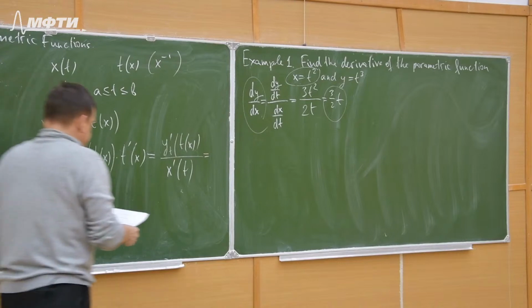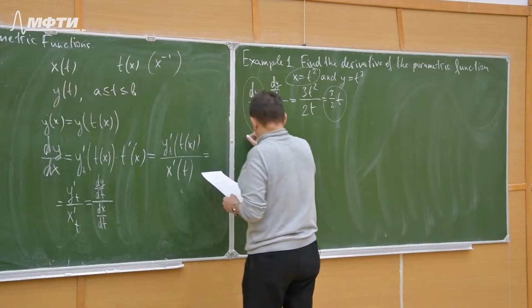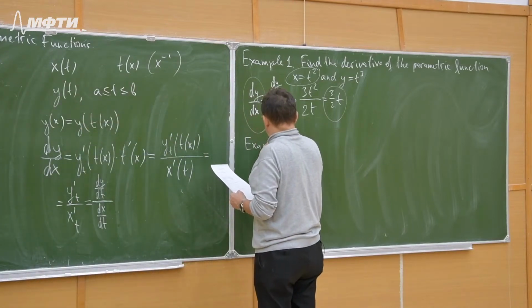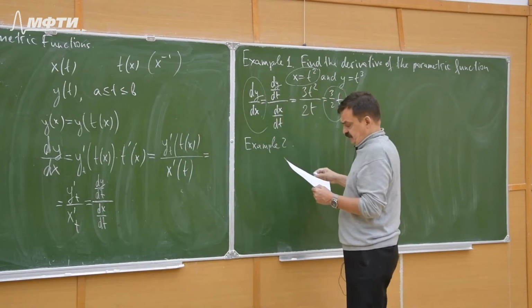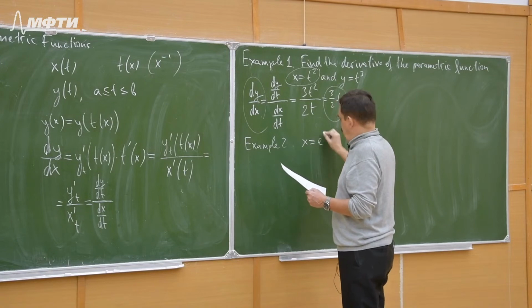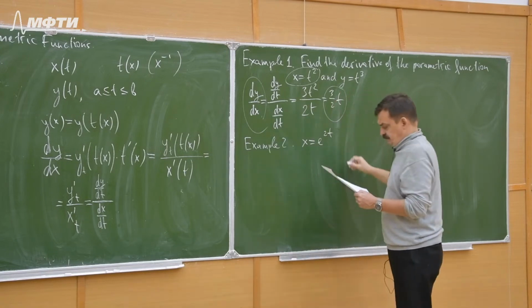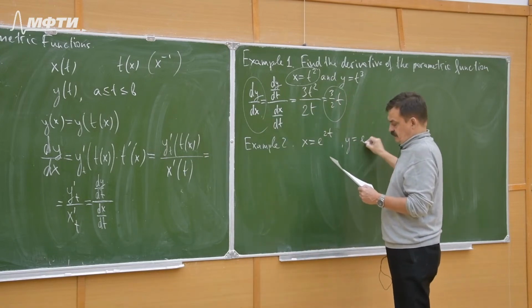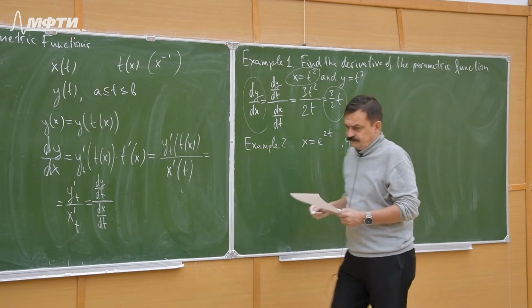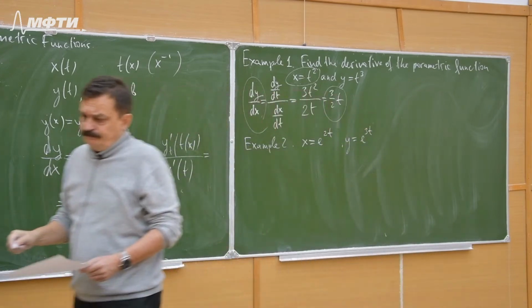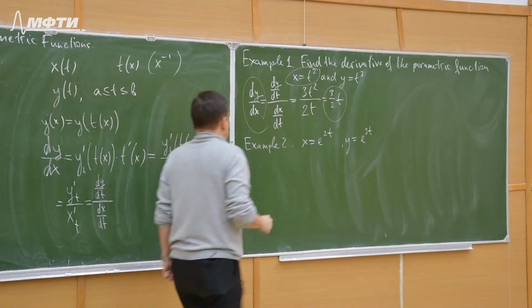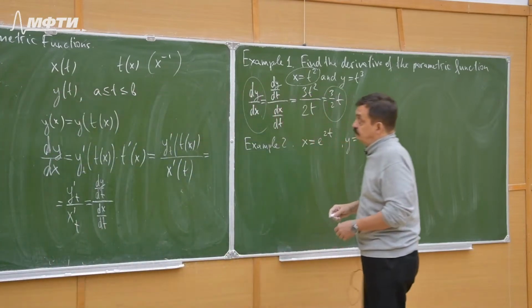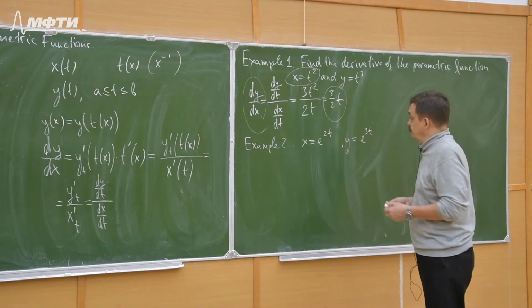Example 2. Okay, same question. x equals e to the power 2t, y equals e to the power 3t. Here we have an inverse function, so no problem with two values.